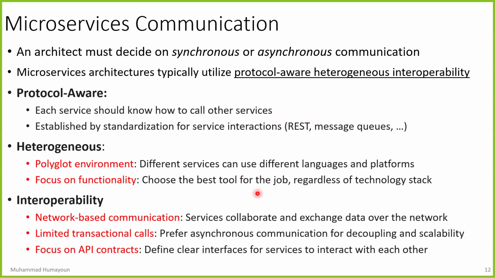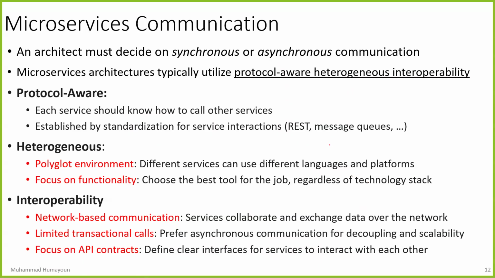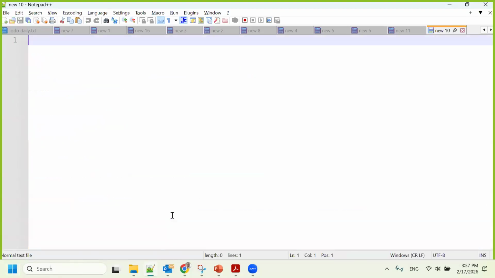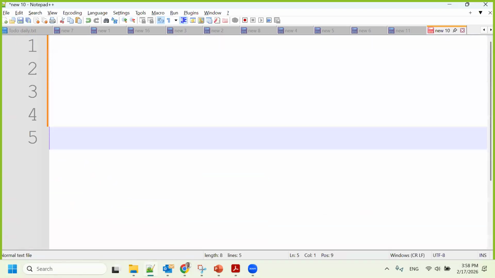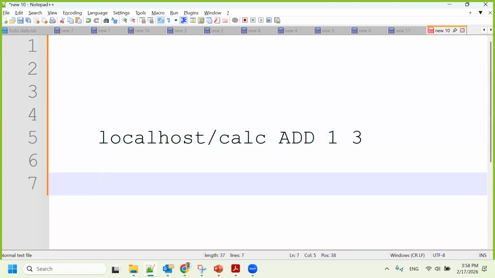So when you are defining how these services will communicate to each other, just focus on what contracts they must follow. For instance, if I have an API to add numbers, let's say for a calculator, localhost slash calc, and then I can say add 1 comma 3, and this API call should return me 4.